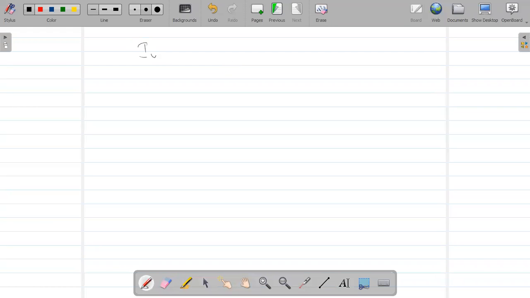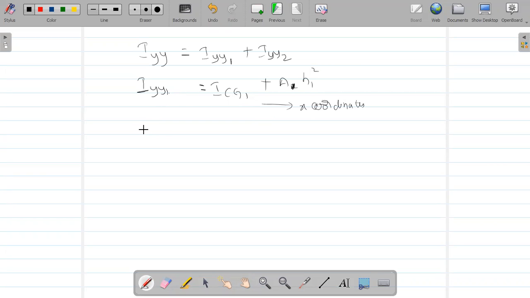The formula is same. Iyy is equal to Iyy1 plus Iyy2. Next, what is Iyy1? Iyy1 is equal to Icg1 plus a1 h1 square. When you are taking y-axis, here you have to take x coordinates. Now let us calculate Icg1, we know the formula, bh cube by 12.